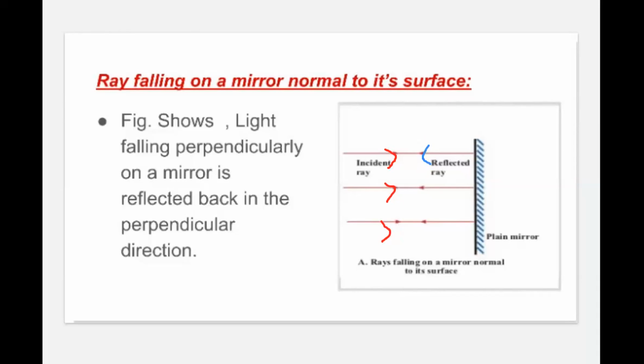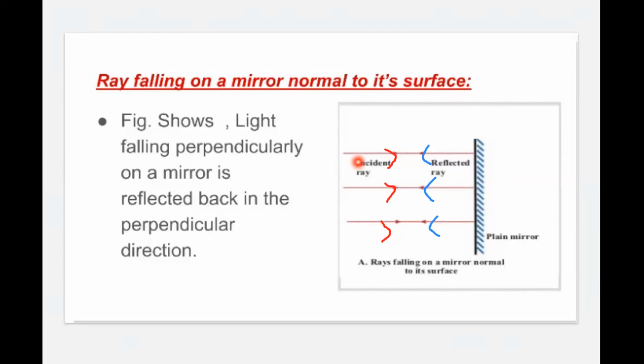I'll show it with the help of blue color. So one can make out that the direction of the incident ray and the direction of the reflected ray are always opposite. At the same time, you can see the path along which the incident ray travels, along the same path the reflected ray is also traversing.